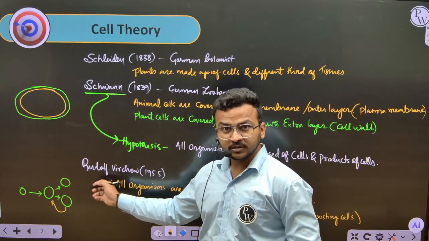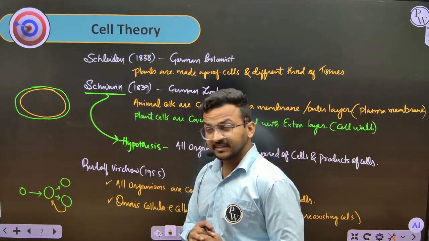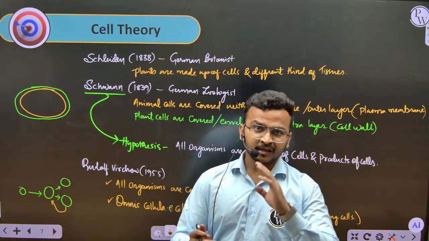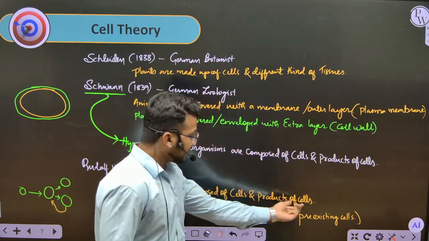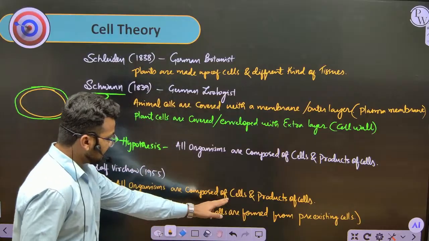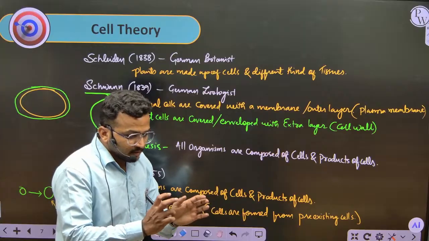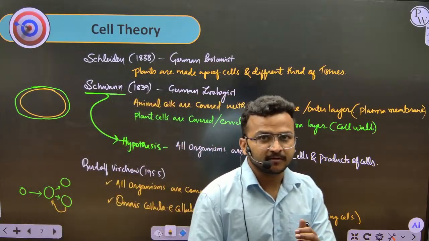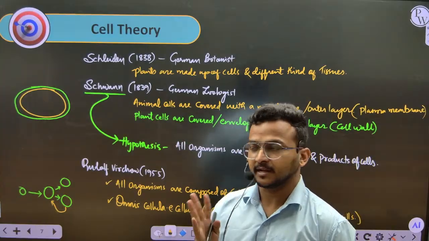So Rudolf Virchow gave the proper modern cell theory that all living organisms are made up of cells and the products of cells. Products of cells means some cells divide and have different functions, so some tissues are there like that.